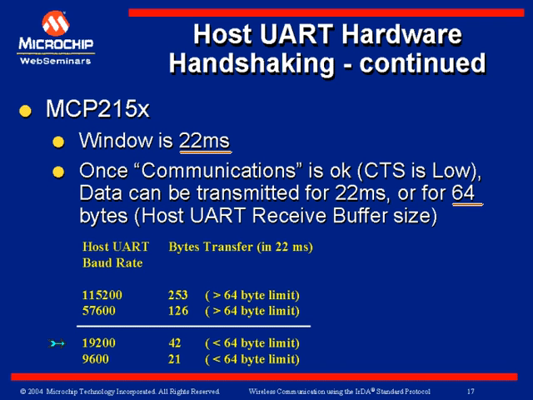When you have a host UART interface that is 57.6 kbaud or higher, you're actually able to send more bytes than the 64 byte limit. So at that point, you will just need to do a quick counter, sending the bytes out for 64 bytes, as long as you can ensure that the total 64 bytes occurs within that 22 millisecond window.